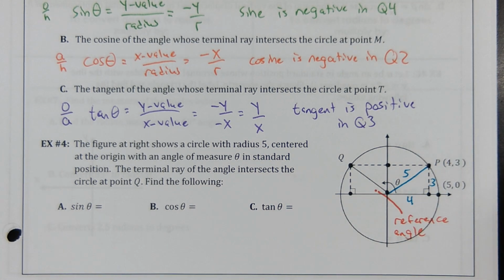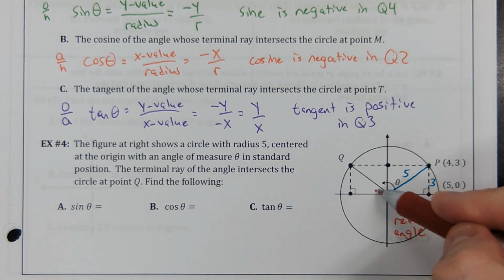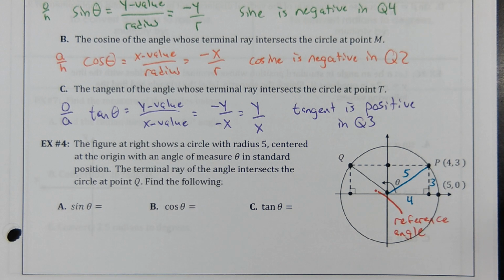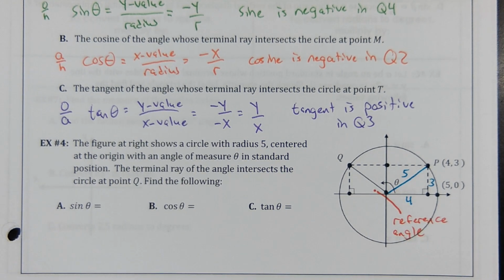I need you to understand that because it is just a reflection of this blue triangle, the angle that's within the blue triangle and this reference angle over here are exactly the same measure. That's why we call it a reference angle. Anyway, I'm trying to do trigonometry in this triangle. My theta is not even in the triangle. That's fine. It doesn't matter.